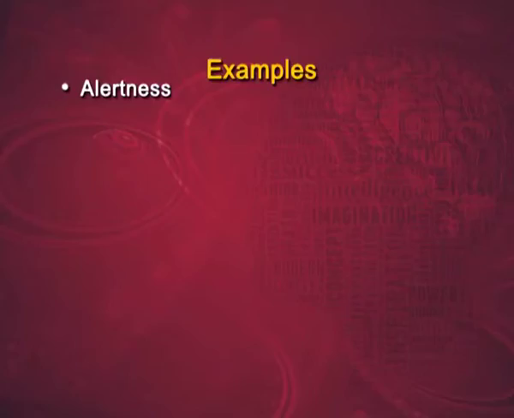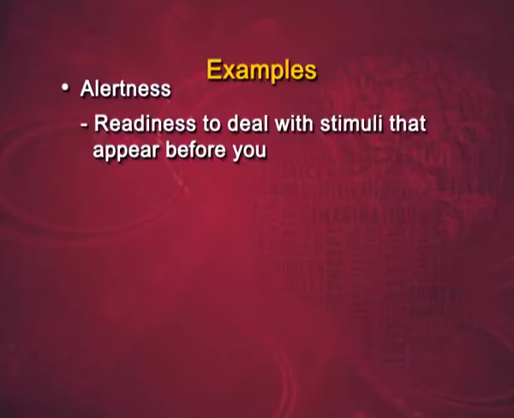Selection. Now, to select a particular stimulus amongst many others, there are certain properties that we follow in the process of attention. Alertness. It is the readiness to deal with the stimuli that appear before you. If you have an exam and you are already told about it, then you will be very alert in writing the exam rather than paying attention to the sounds and noises coming from other classrooms in your school.